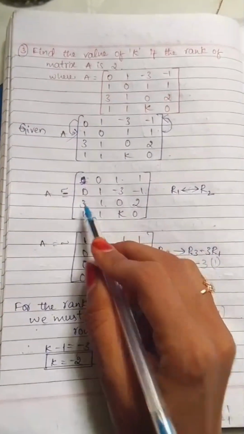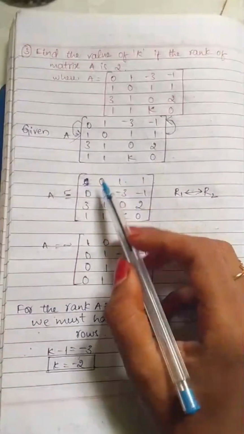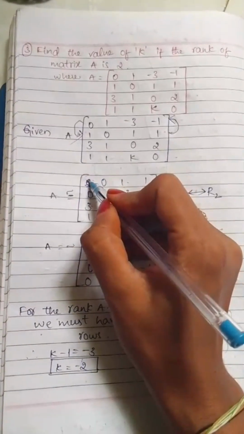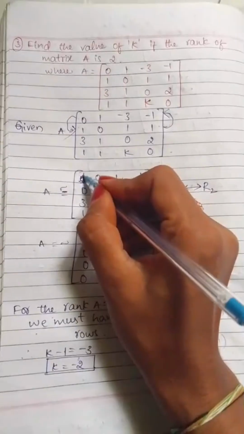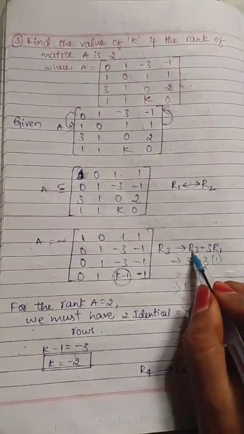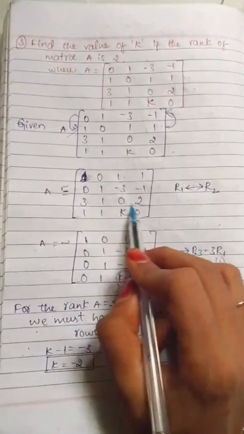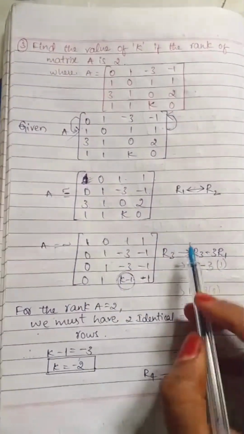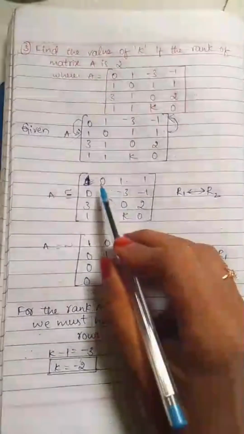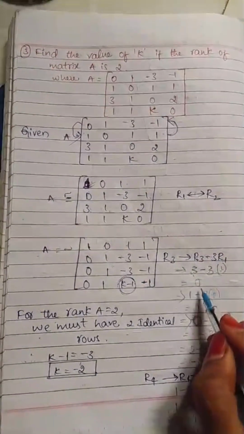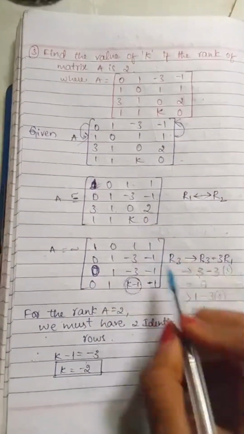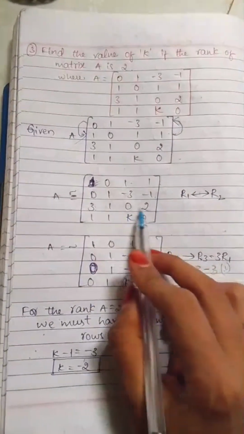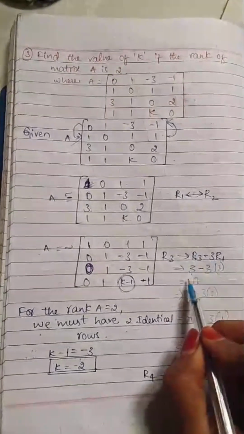R3 is 3, and 3 into R1 is 3. This value I have to change, right? 3 minus 3 is 0, so this value will become 0. Then again for all these values I have to apply this formula.